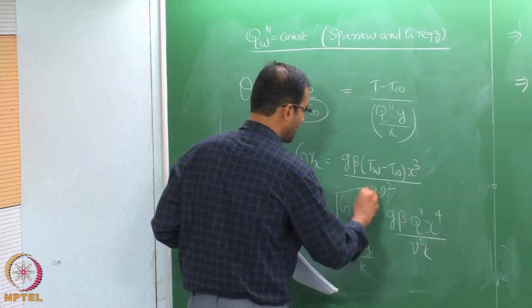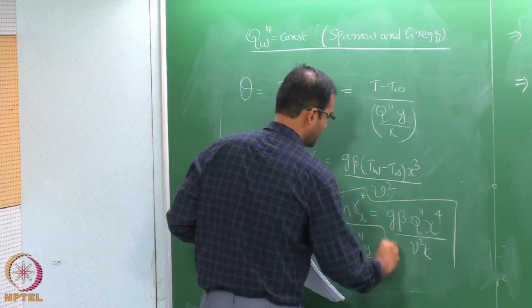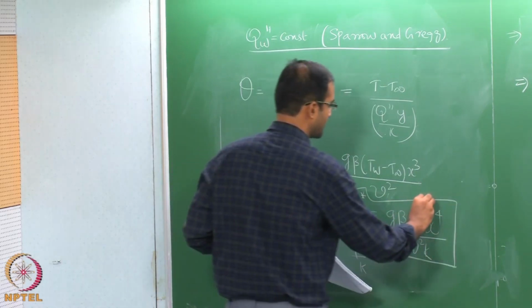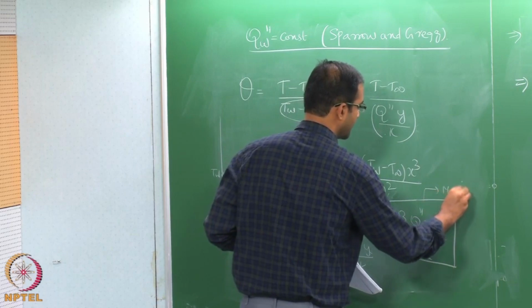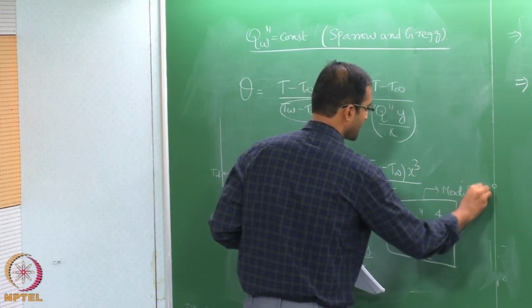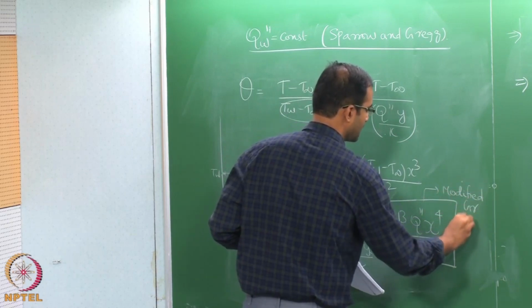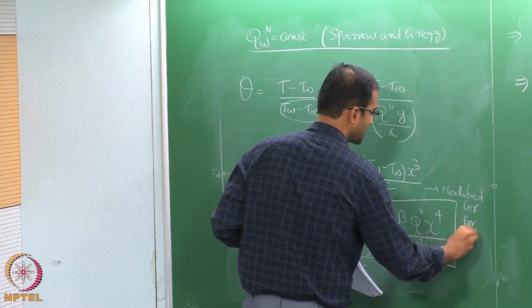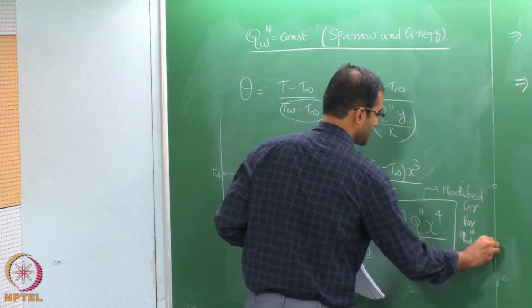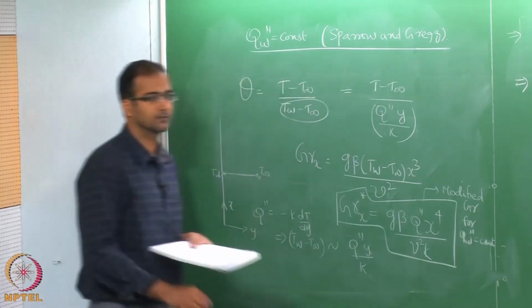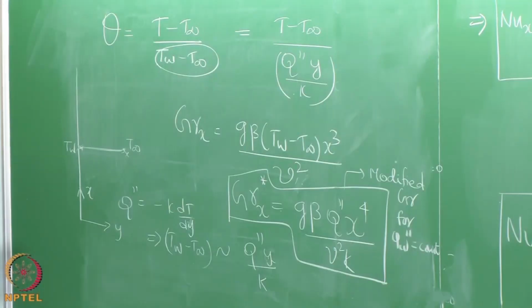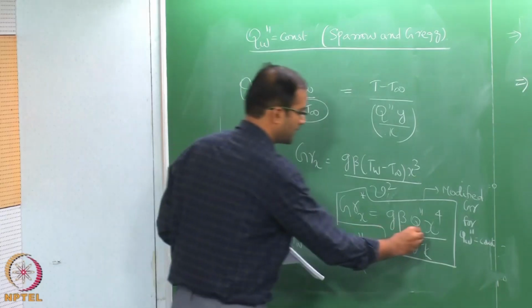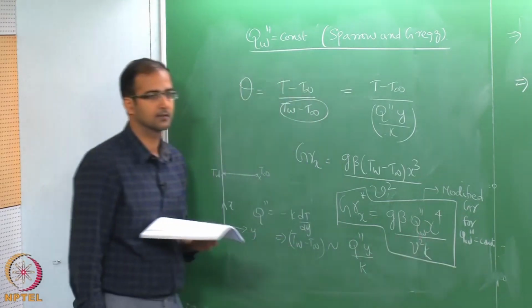So, this will be the modified Grashof number for constant wall heat flux boundary condition. So, we know what is the wall heat flux.